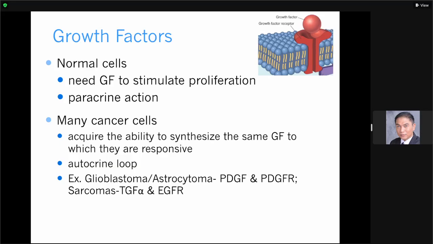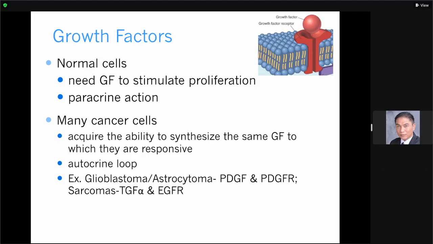What happens in cancer is that the cells may acquire ability to synthesize the same growth factor to which they are responsive. Gumagawa siya ng sarili ng growth factor. And so with this, hindi na paracrine loop. Kasi I have the receptor, I will be making my own growth factor, and those growth factors will act on my receptors.